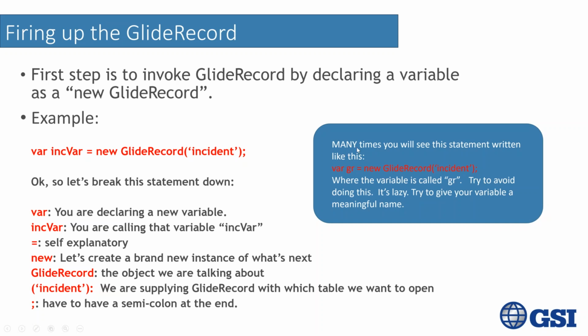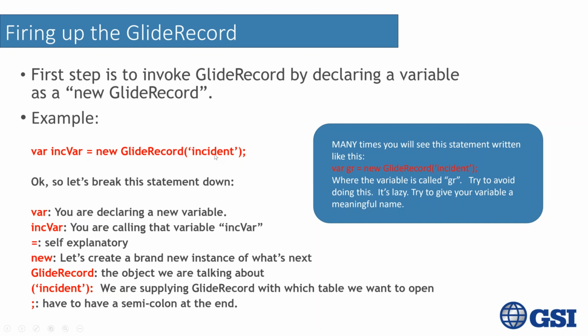Many times you're going to be looking through code and scripts, and you're going to see a lot of scripts where it's stated var gr equals new GlideRecord. Try to avoid using gr. Gr is short for GlideRecord. It's lazy. You want to give your variable a more meaningful name than that, and usually you want to follow this format of lowercase, lowercase, lowercase, uppercase in the middle. It's just standard JavaScript naming conventions. But this is the first line, right?